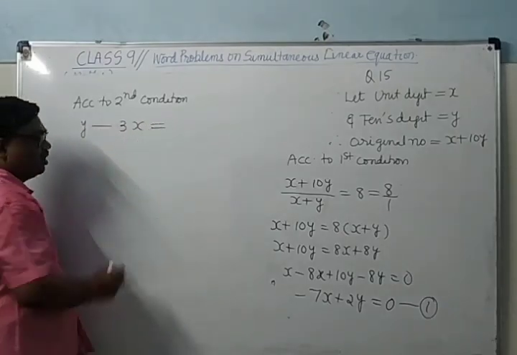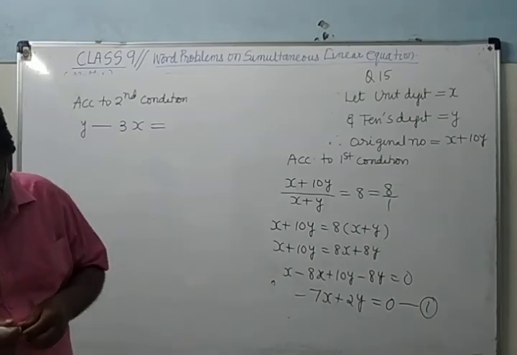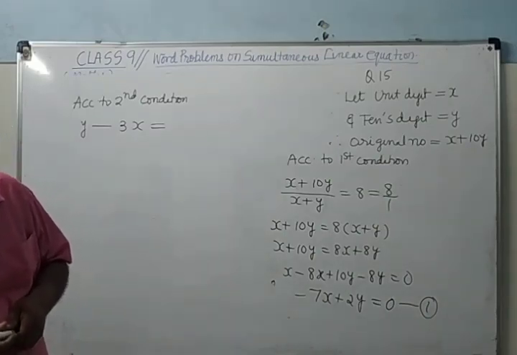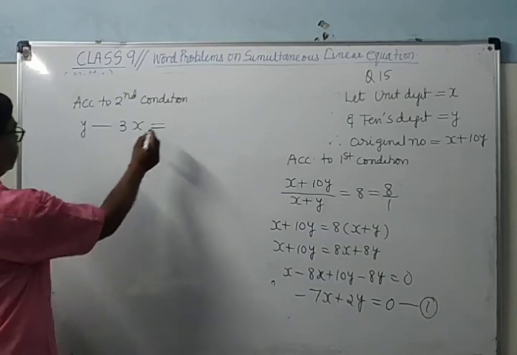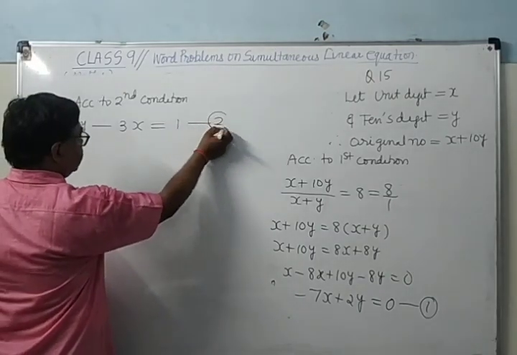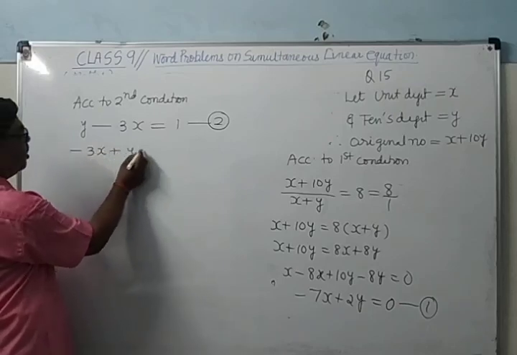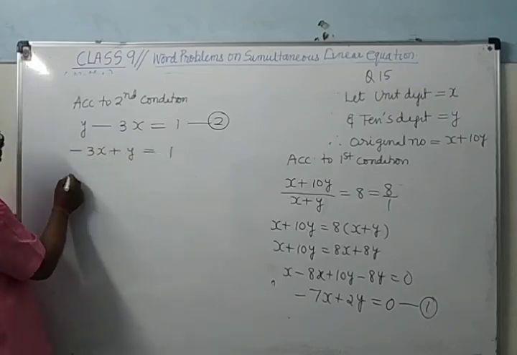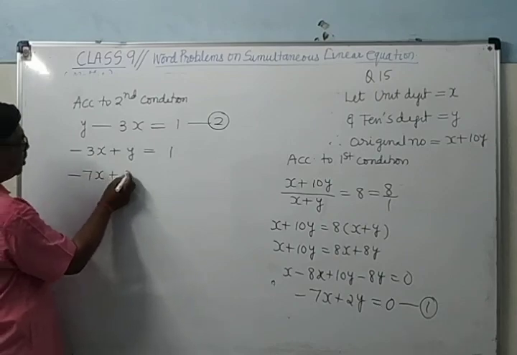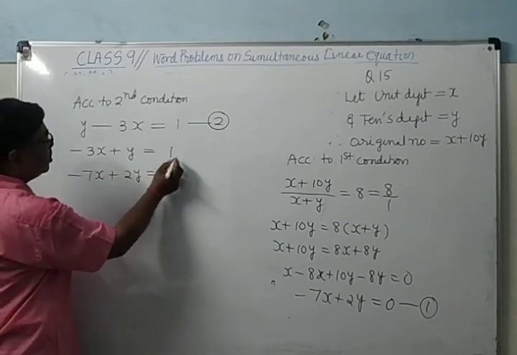The remainder is how much? It is given 1. Yes, it is 1. So now you solve these two equations. It is minus 3x plus y equals to 1, and it is minus 7x plus 2y equals to 0.